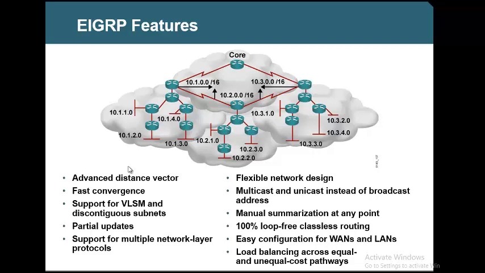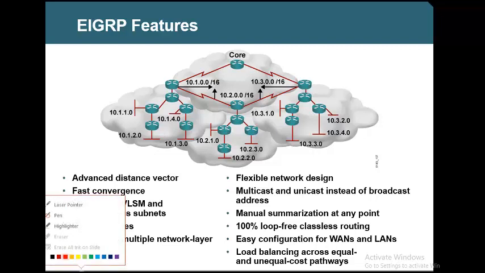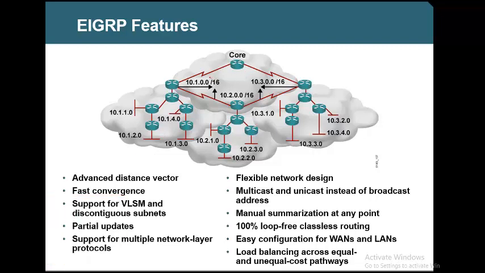We saw in the morning, means your evening, yesterday, EIGRP is a classless routing protocol. So it supports variable lengths of net mask. You can have different length. For example, in this picture here, if you see, it is slash 16 everywhere. Here it is slash 24.